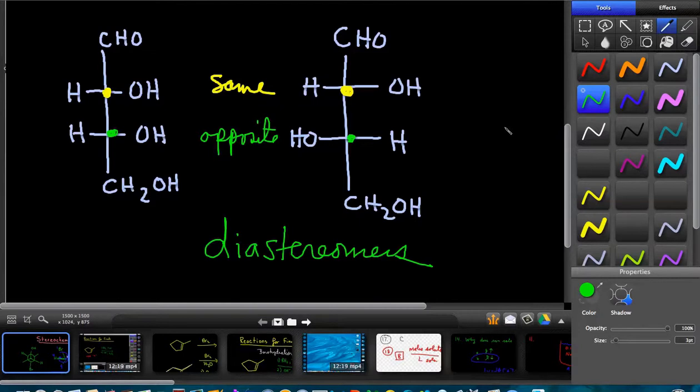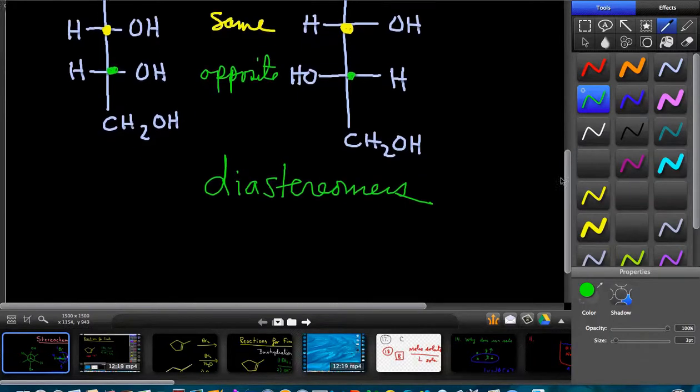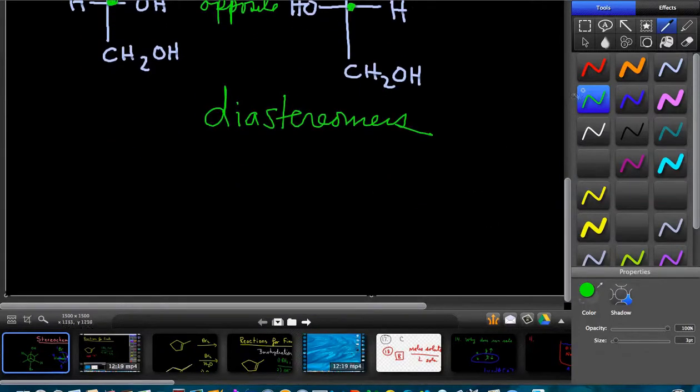Again, this is a skill that you want to be comfortable with before you take your exam on Wednesday. Finally, you may have some compounds and you just have to tell me how many chiral centers there are in the compound.